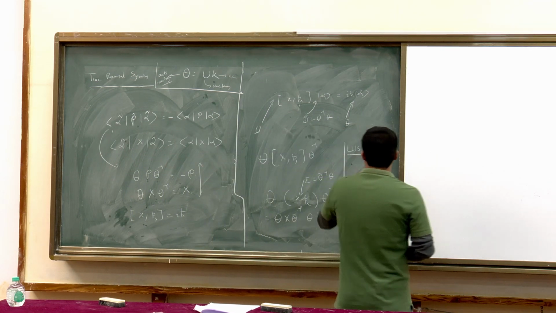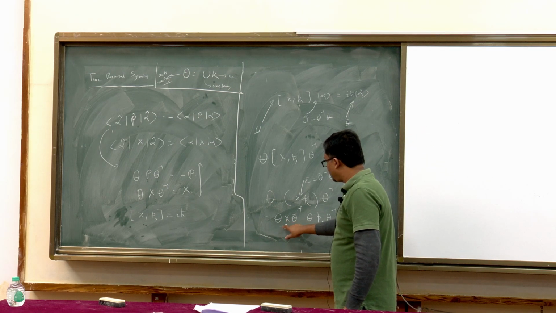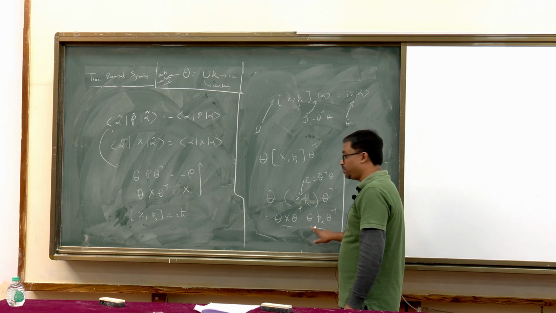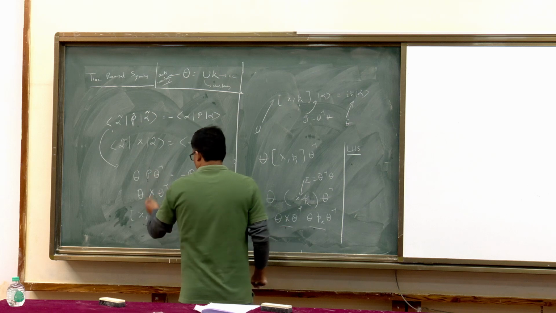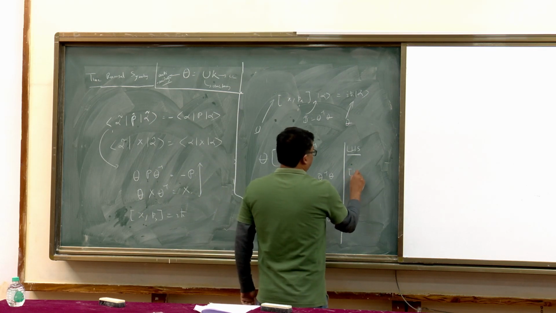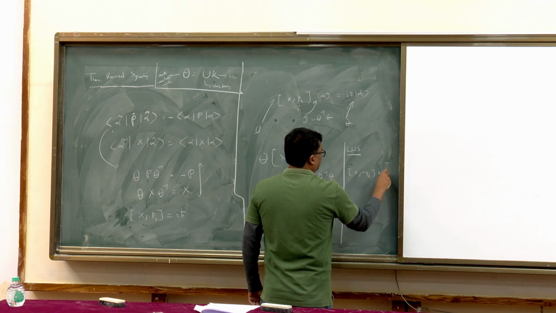So, what is the left hand side? What is the product of this? This one you will get x, right. This will be minus p_x, right. So, if I do this part, then I should get x minus p_x theta alpha.